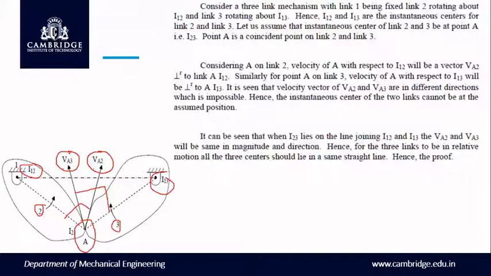Since the point A is common, the velocity direction should be the same. But here in the diagram we can see the vector directions are different, which is impossible. Hence, the instantaneous center of the two links cannot be assumed in this position. So it can be seen that I23 should be on the line joining I12 and I13.